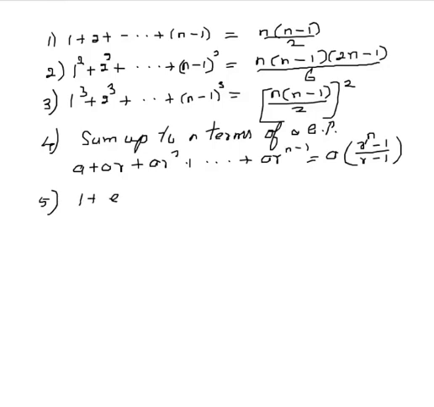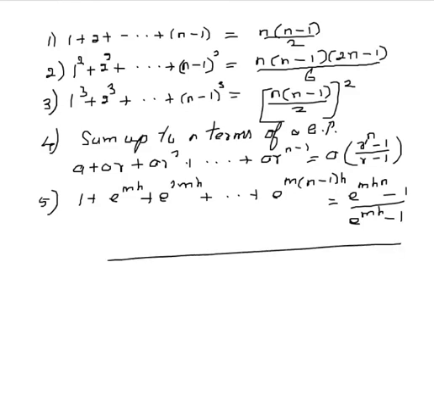So if we have 1 plus e power mh, e power 2mh plus etc. e power m(n minus 1) times h, the formula will be 1 into, the first term is 1, we get (e power mhn minus 1) divided by (e power mh minus 1). So these are the formulae which we are going to use in limit of sums questions. Write them down in the formula notebook and memorize these formulae.